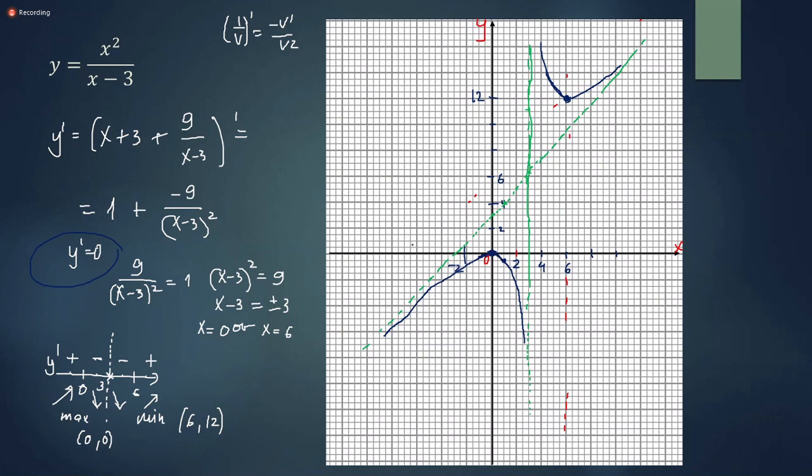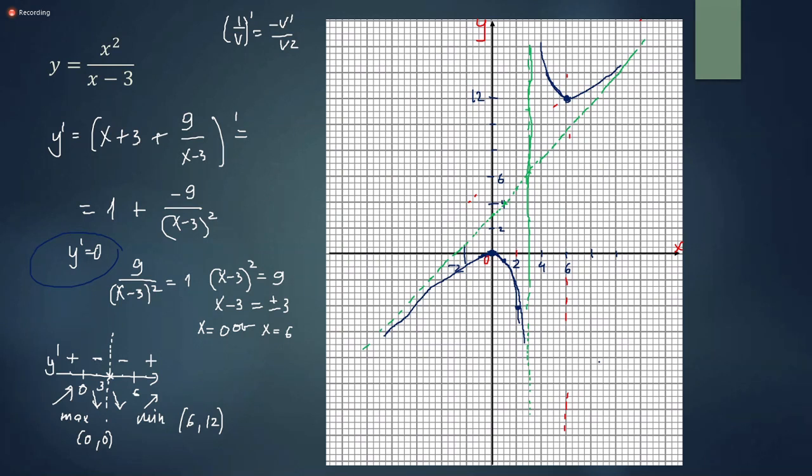If x is 2, 4 divided by -1, we have -4. That would be here. Okay, you see, a more accurate kind of graphing. So we could find some extra points to actually make the graph more accurate.